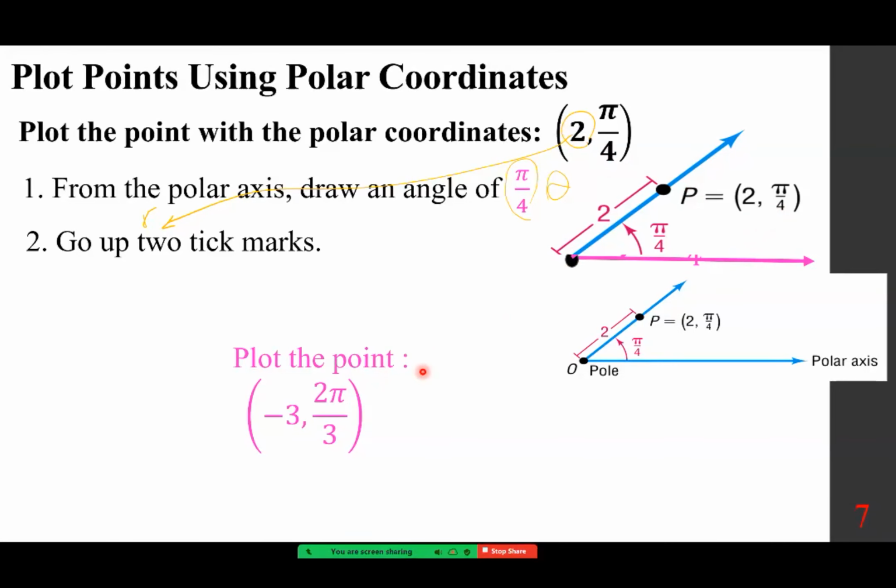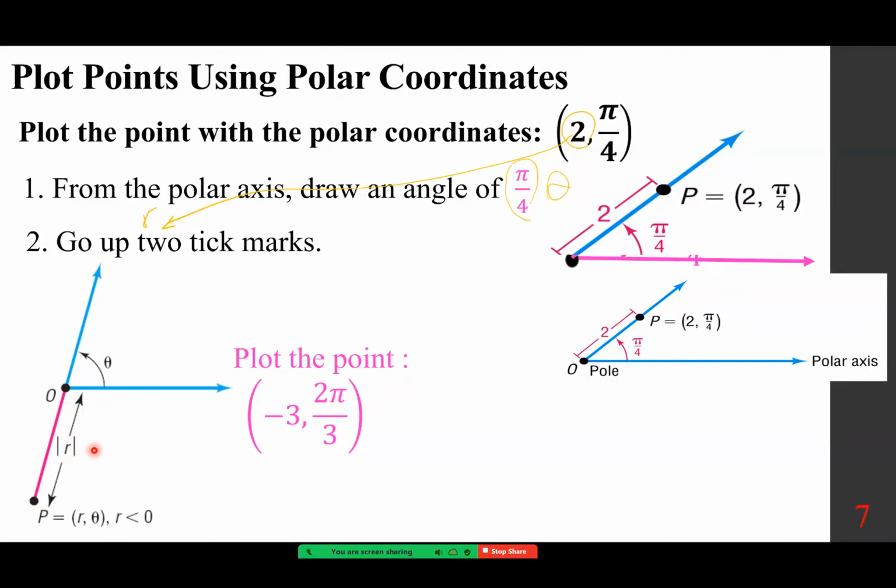When you go to the opposite side, that means you are negating the value of r. This is theta. This is the positive side. This has the same size, that's why we put an absolute value. So this is a polar coordinate r comma theta where r is negative.